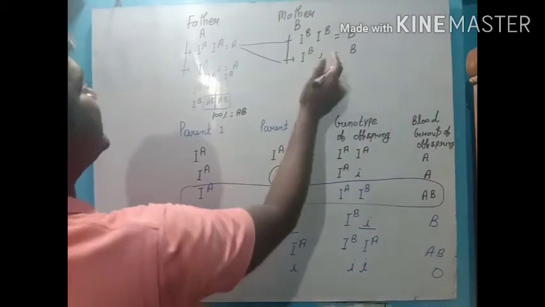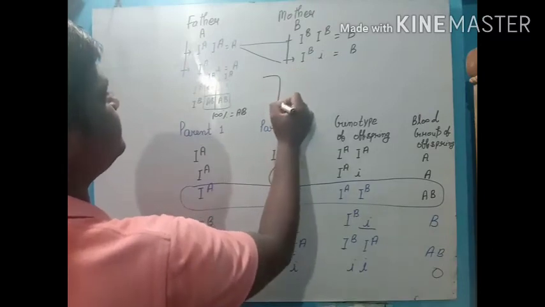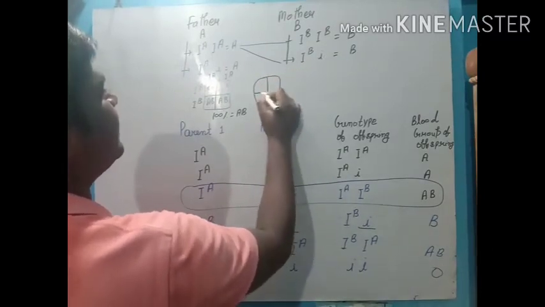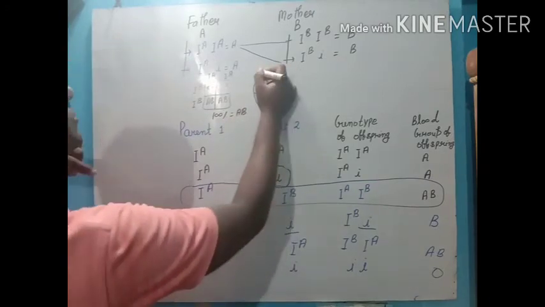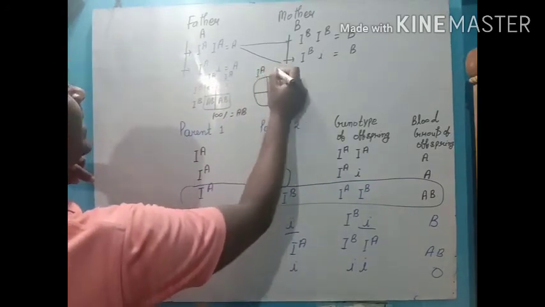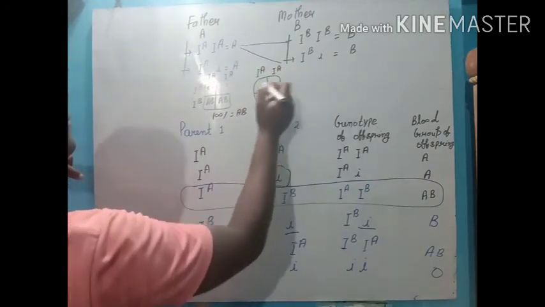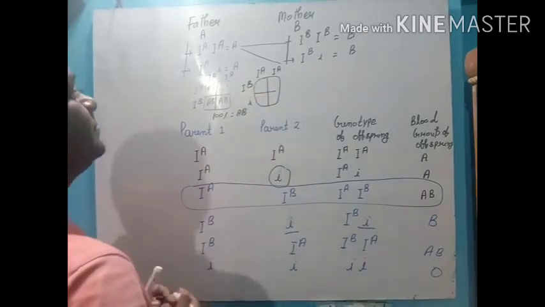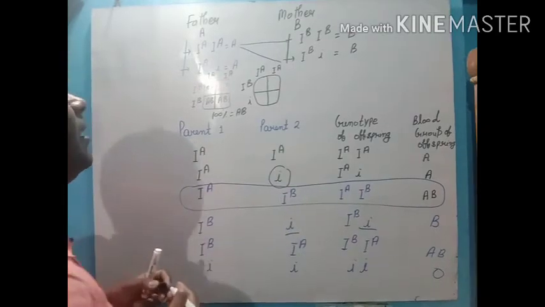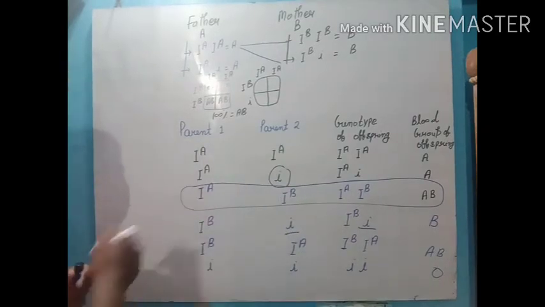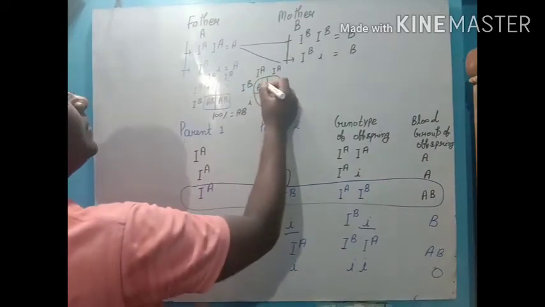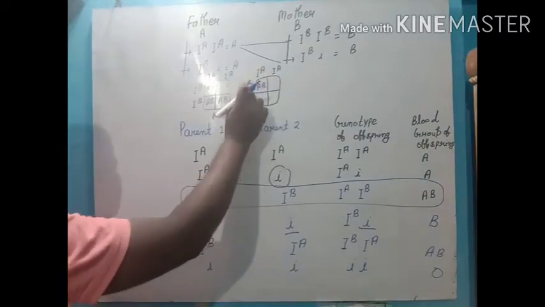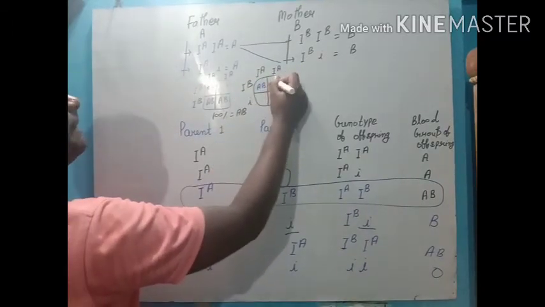Now see the second condition. You need to understand that one. IB, and then we have I here. Now try to match this one. This one is AB. This one AB. This one AB.